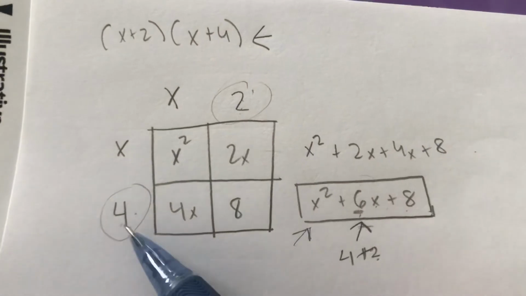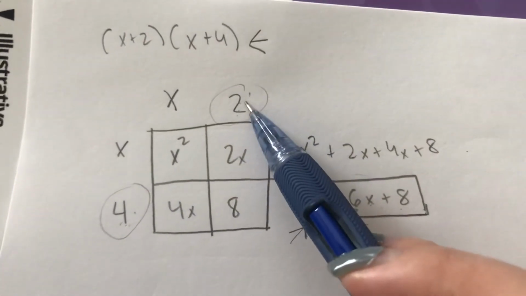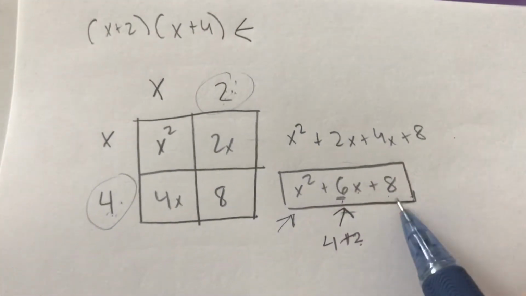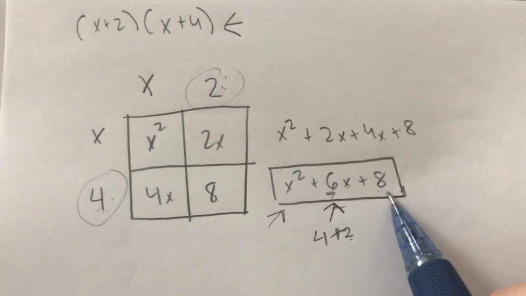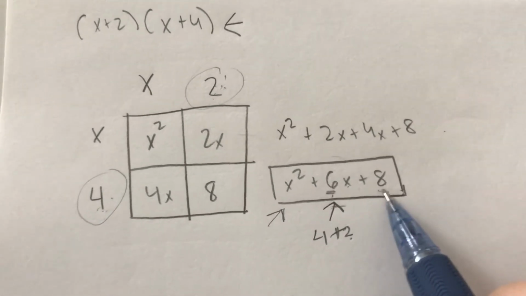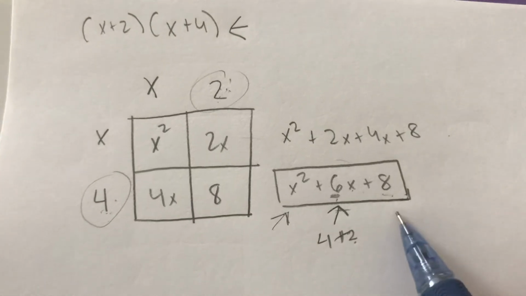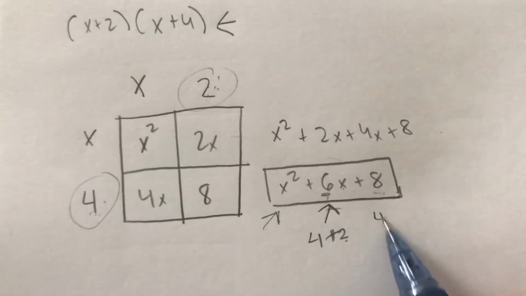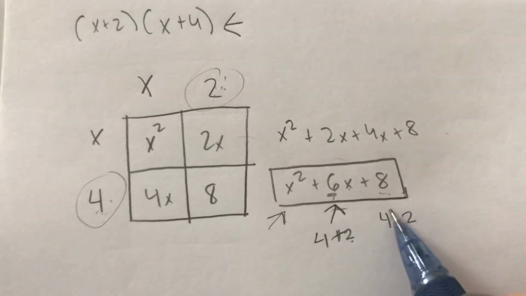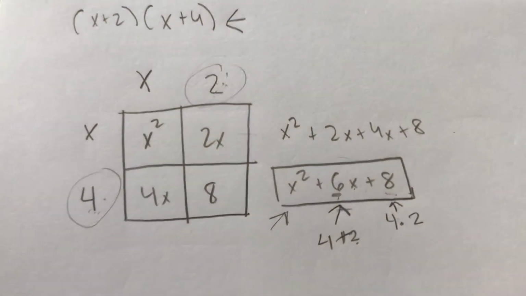And when I multiply my two constants, 4 times 2, I get my constant of the standard form. So that's the value without the x in the standard form, my c term. So 4 times 2 is 8. 4 plus 2 is 6.